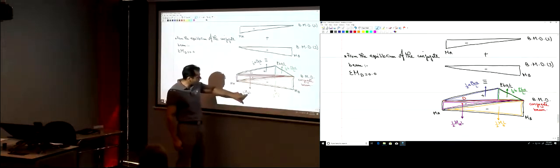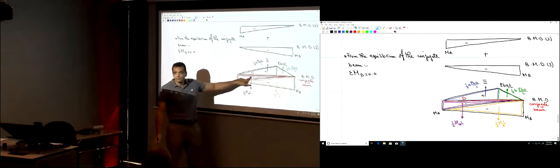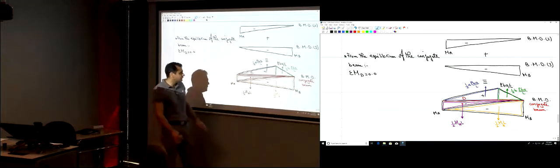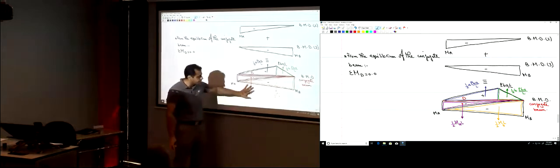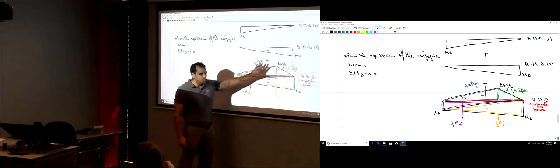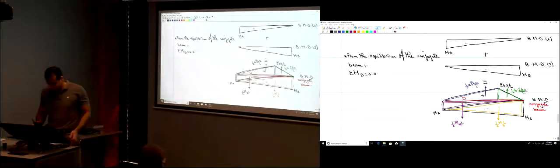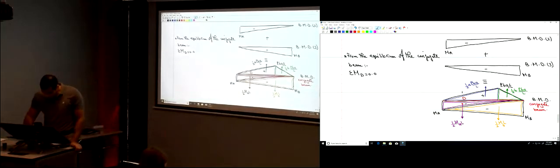How much is the moment of this force about point D? 0. It's passing through point D. So I just got rid of MA. Okay? How much is the moment of this force on point D? The magnitude of the force times its distance to point D, right? So now, how much is that distance from here to here?